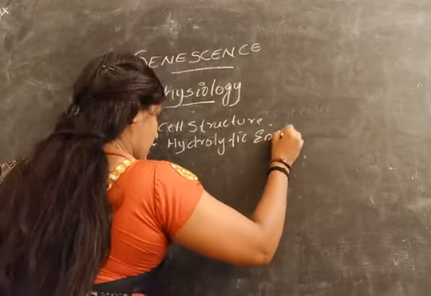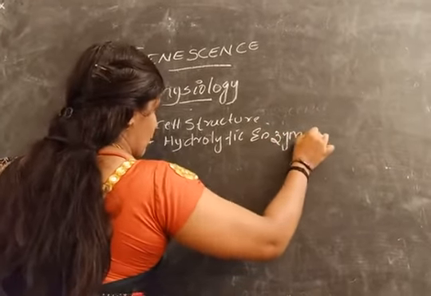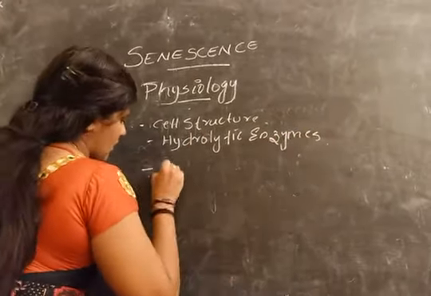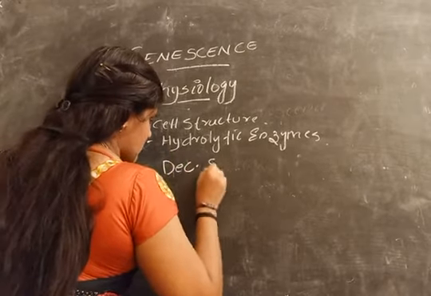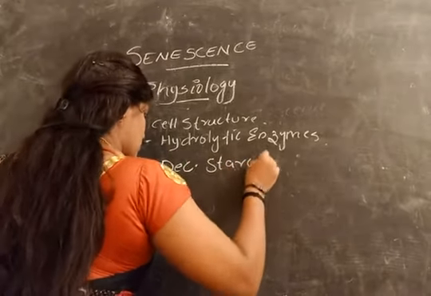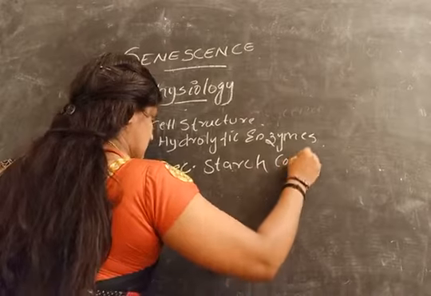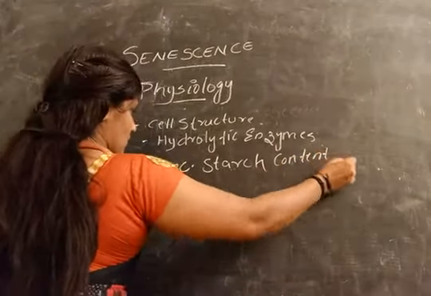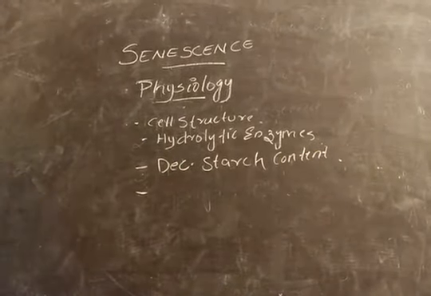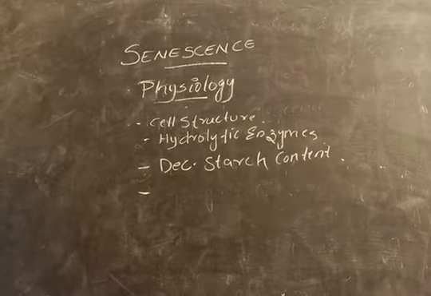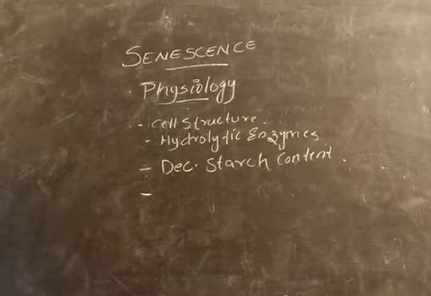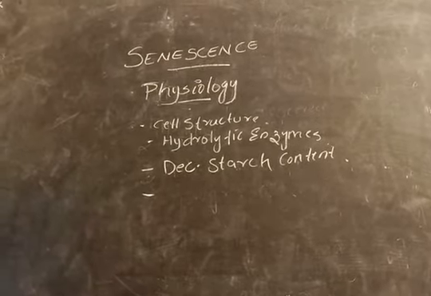Hydrolytic enzymes produce decreased starch content in the cell. Then photosynthesis is reduced due to the accumulation of anthocyanin pigments.